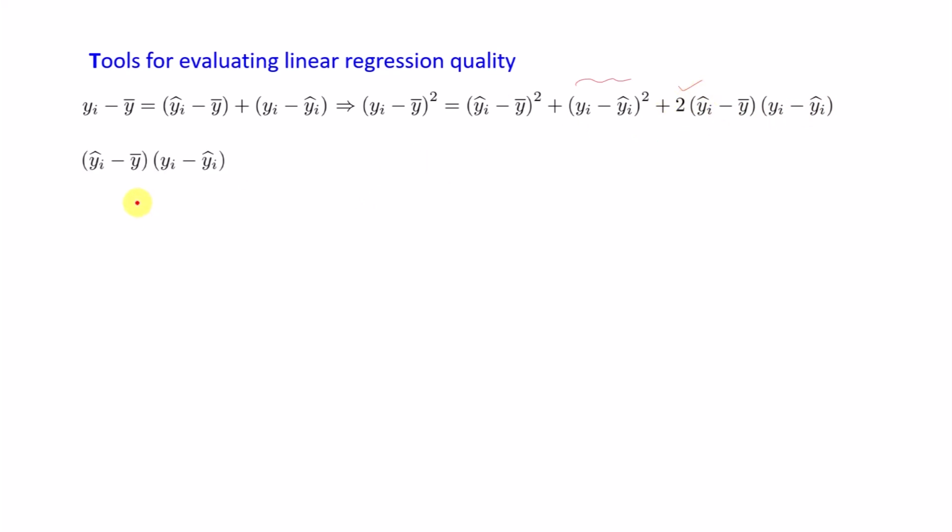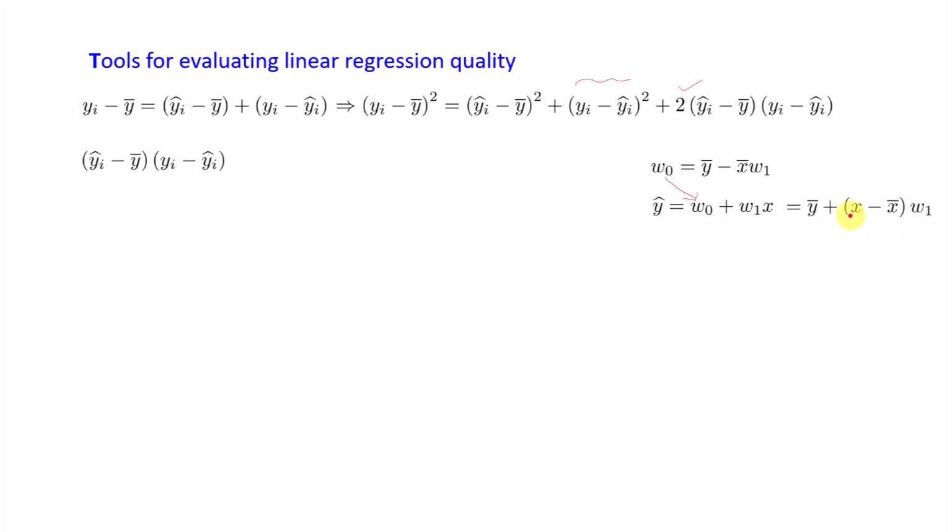So let's look at this cross term, y hat minus y bar, y minus y hat, and let's recall this: w naught is y bar minus x bar w1, and y hat is w naught plus w1 x. Therefore, I can replace this w naught with y bar minus x bar w1.